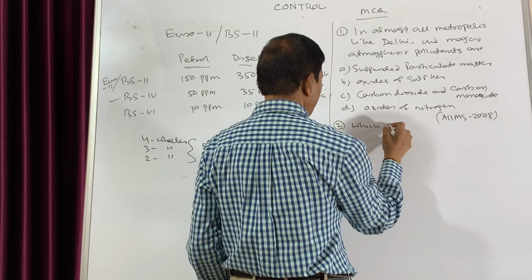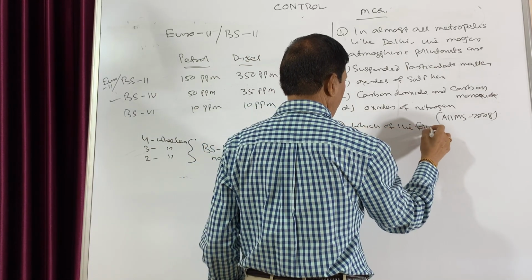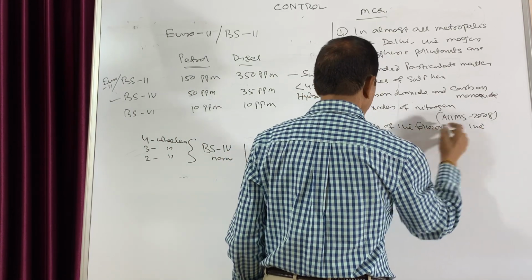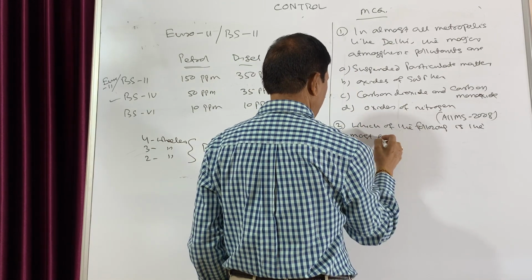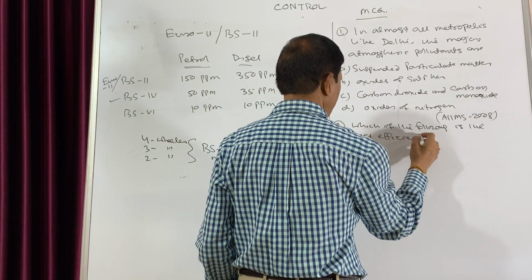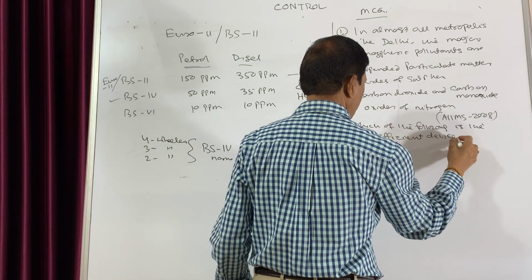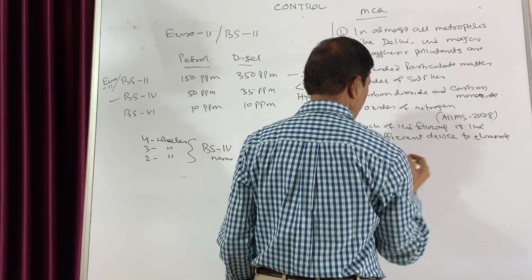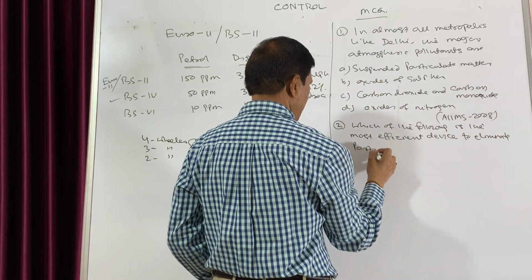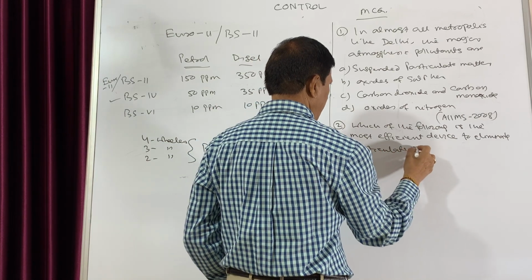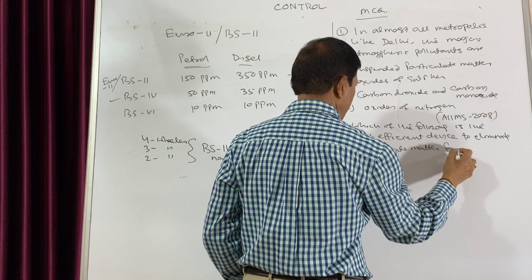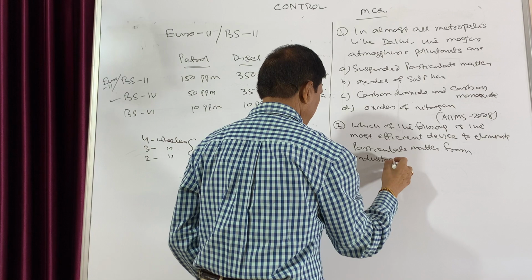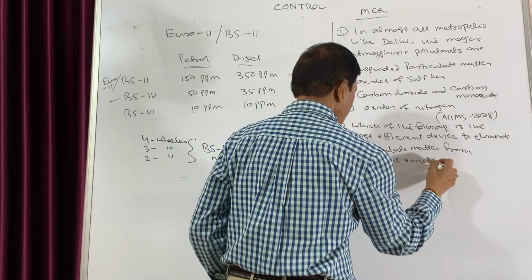Now the second question: which of the following is the most efficient device to eliminate particulate matter from industrial emissions.